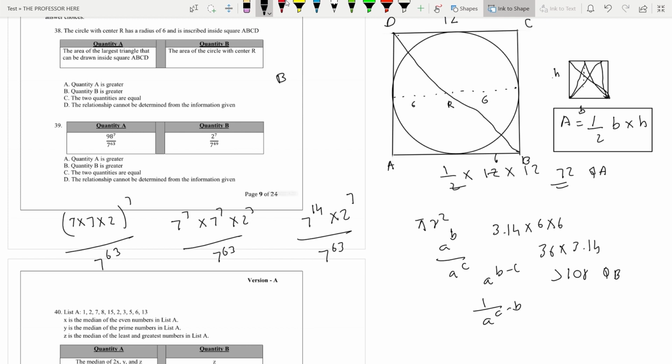So I choose to write the latter one, which becomes 2 raised to 7 by 7 raised to 63 minus 14. So that becomes 2 raised to 7 by 7 raised to 49. This is the simplified version of quantity A, which is equal to quantity B. So option is C, the two quantities are equal.